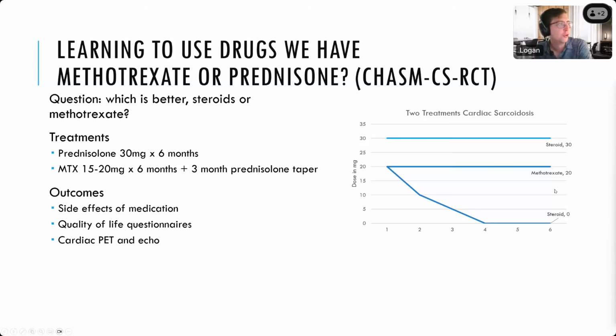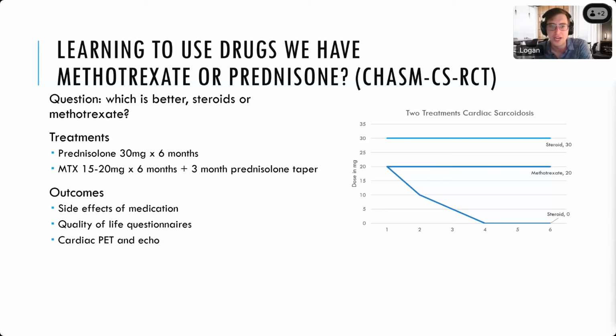The second group is going to be treated with methotrexate 20 milligrams for 6 months. And they're also going to be treated with prednisone that'll gradually taper down to 0 over 4 months.